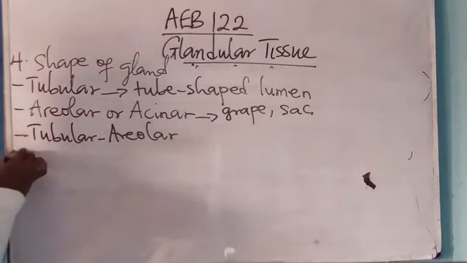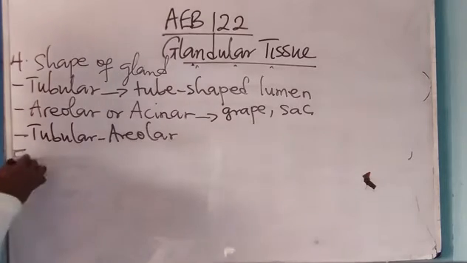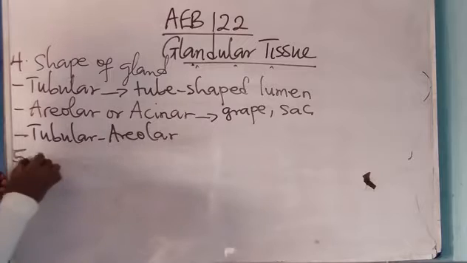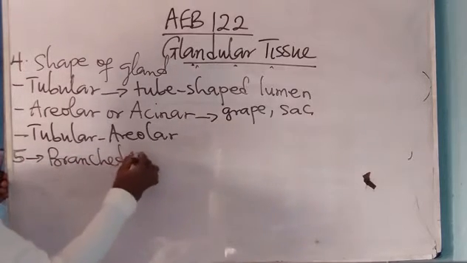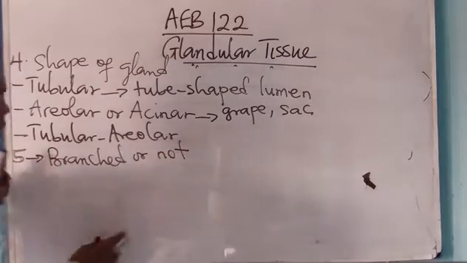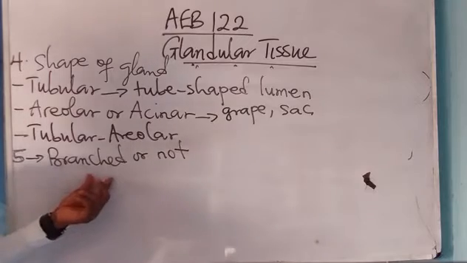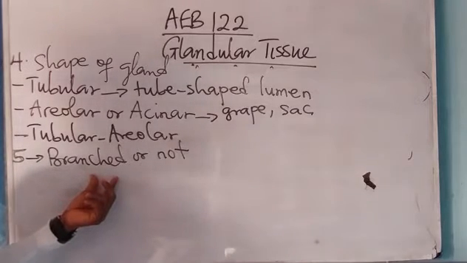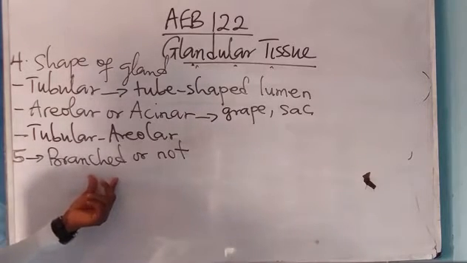Then the fifth one is based on whether the gland is branched or not. Under this one, we have the simple branched, the compound branched, and simple straight.